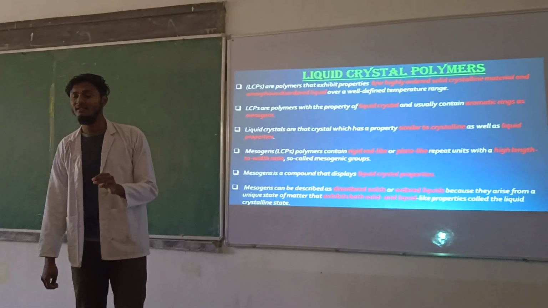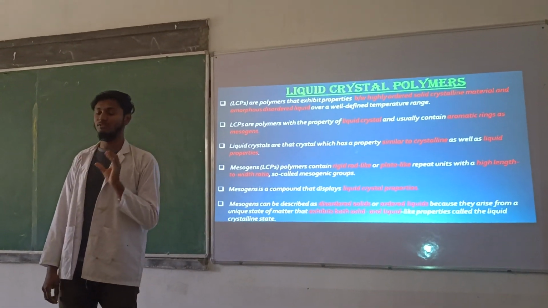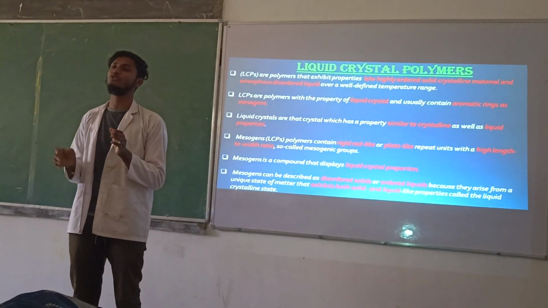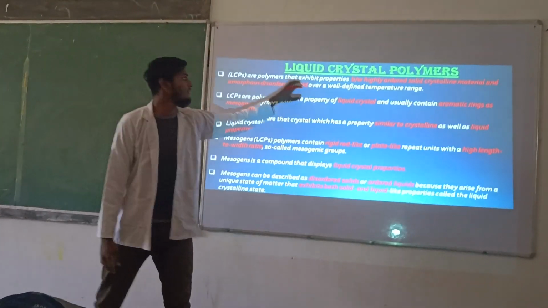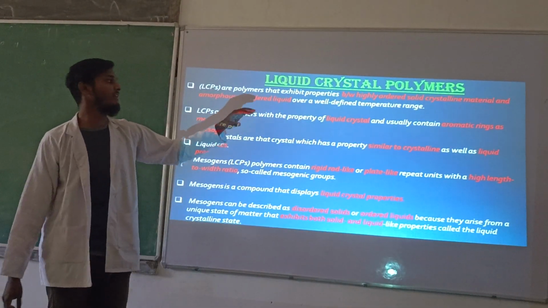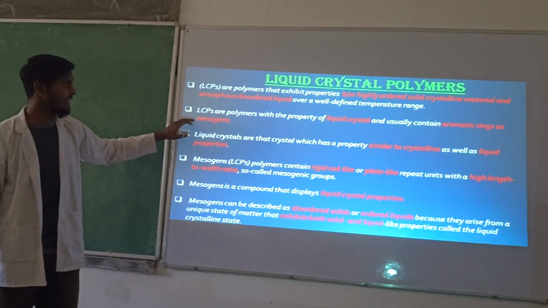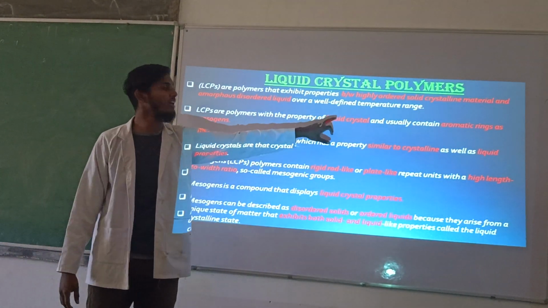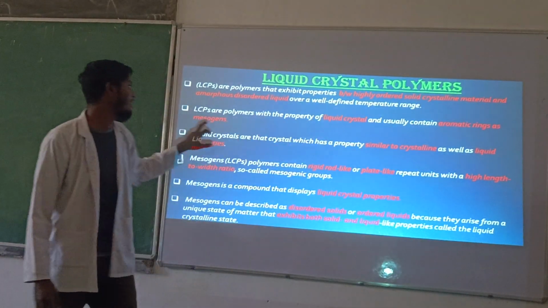That is the state where the crystals show both characteristics, solid and liquid. The property where between the solid and the liquid state occurs within a definite temperature range. The polymers which have the property of liquid crystals behave like a liquid as well as a solid, and have aromatic mesogens.